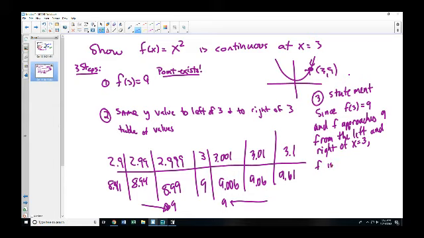F is continuous at x equals 3. It's some statement of that nature that you need to have. And like I said, it doesn't have to be exactly like that, but it can definitely include all that information to write a good English sentence. Okay.